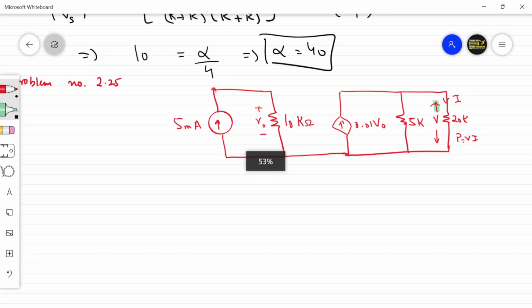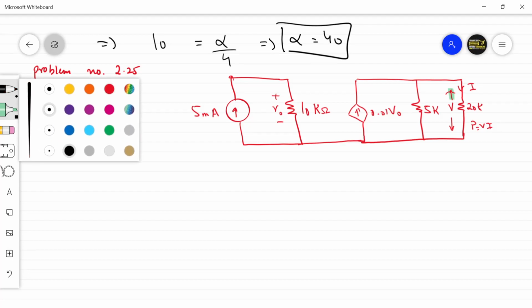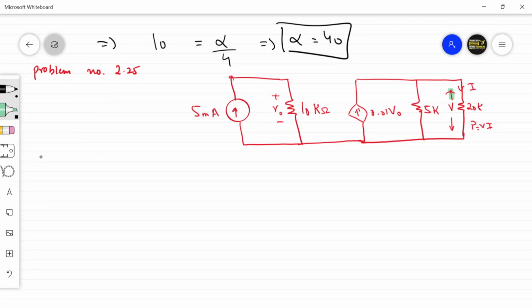So now to solve this problem, 5 milliamperes is flowing across this.